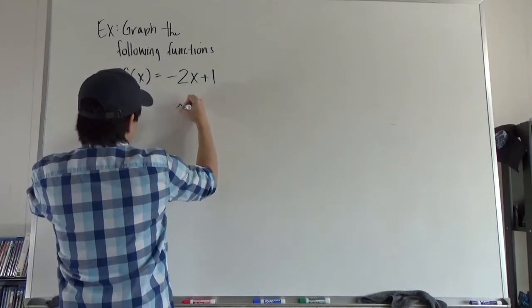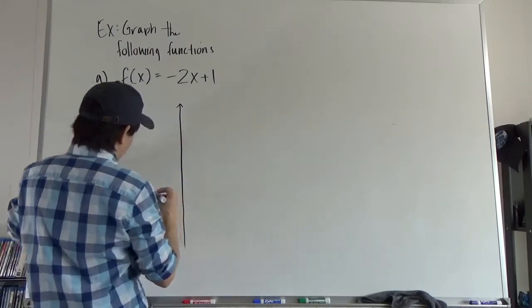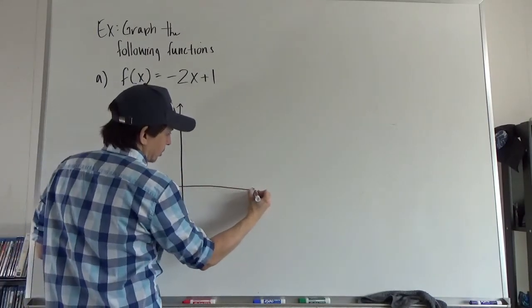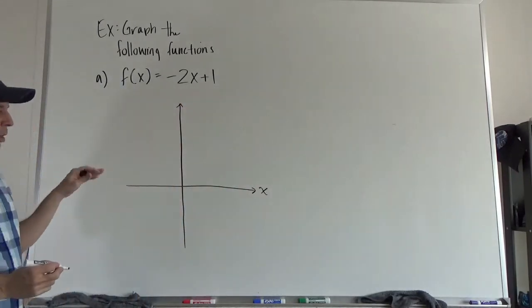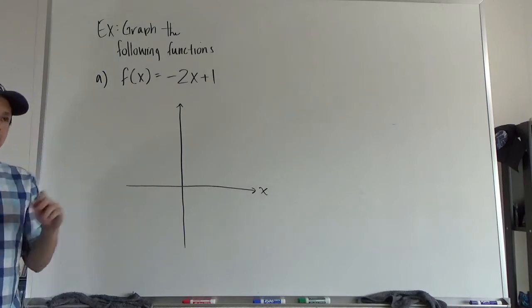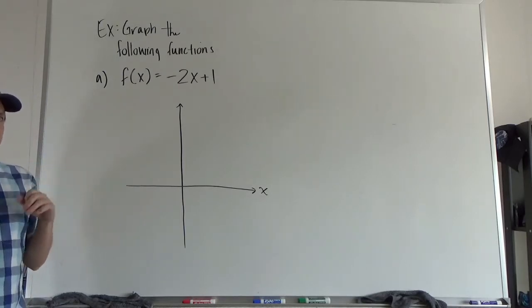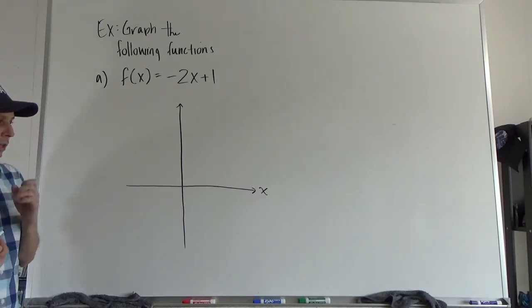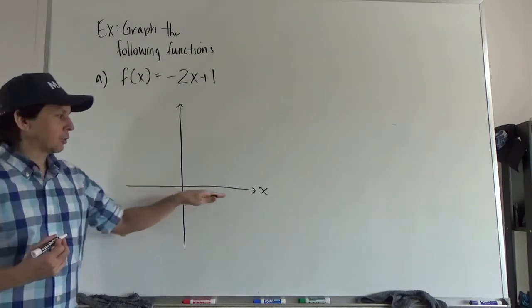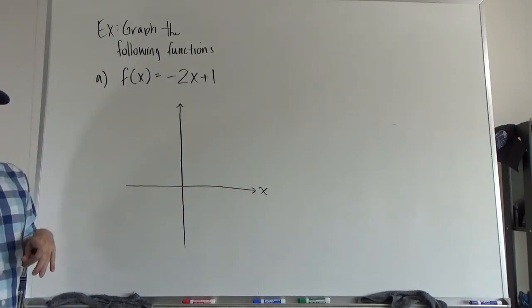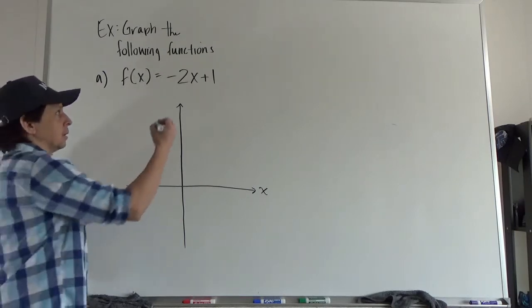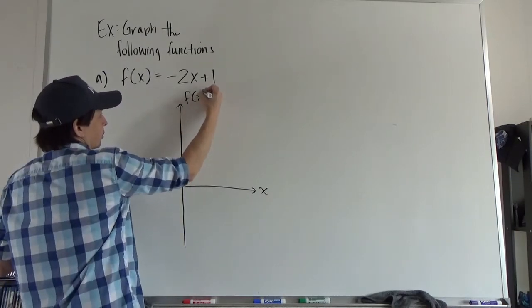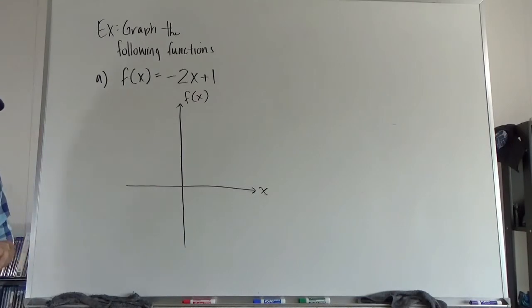I'm going to leave space here because I'm going to do a table. I am going to approach this as just plotting some points. We've done graphing before, but generally with x and y or other variables based on population and time or things like that. Here, x is going to be our usual horizontal axis. Our vertical will, however, be f of x. It'll be the output.